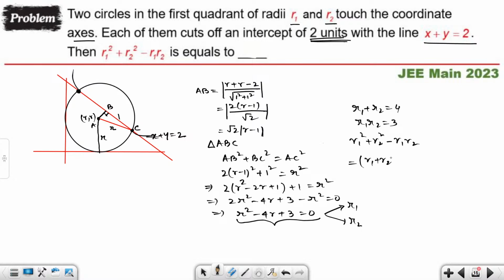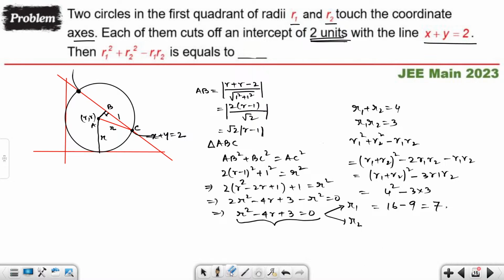It's easy to solve. 2R1 R2 minus R1 R2, so we are basically getting R1 plus R2 whole square minus 3R1 R2. So simply put the values. It's 4 square minus 3 into 3. So it's 16 minus 9. That gives us 7. Is it clear? Therefore, the value of the given expression is nothing but 7.